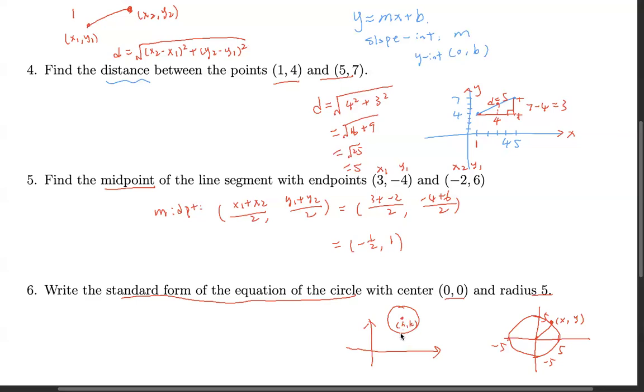Then we can use the distance formula. Let's finish this one first. You see in this one, this is the x value, this is the y value. Do you see, x squared plus y squared, by the Pythagorean theorem again, equals radius squared. Radius squared in this case is 5 squared. That's it. That's the equation for this one, from this right triangle. x squared plus y squared equals 5 squared.